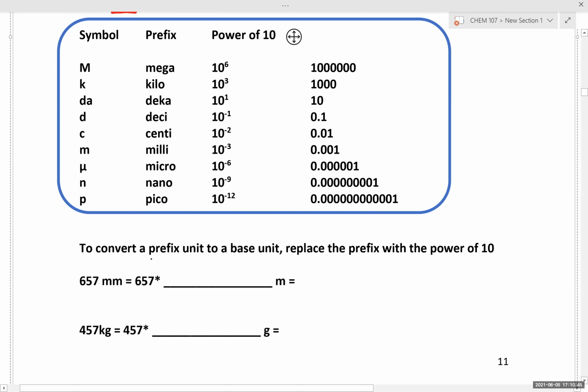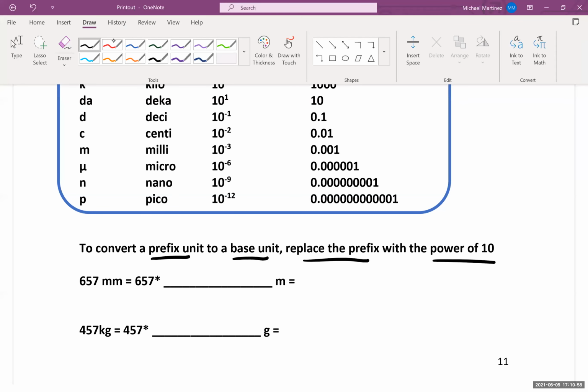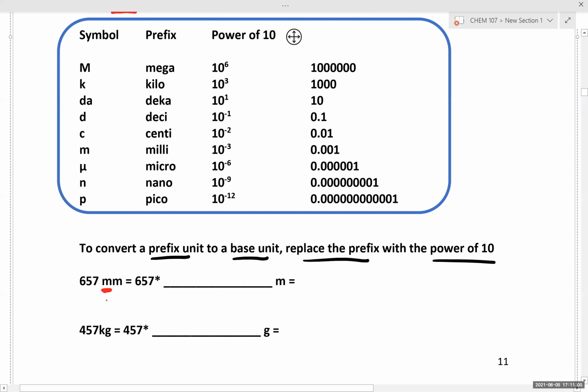So to convert a prefix unit to a base unit, all you have to do is replace the prefix with its corresponding power of 10. So for example, 657 millimeters, I'm going to find my prefix, in this case, milli, and we see the milli prefix corresponds to 10 to the negative third. So I'm just going to replace my milli prefix with 10 to the negative third.